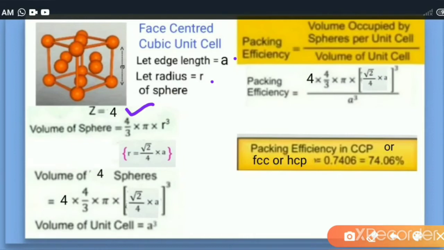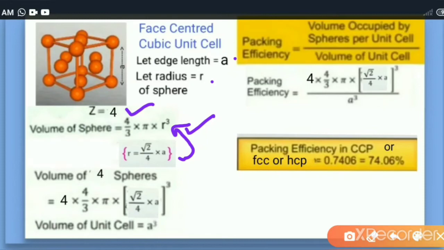The formula for packing efficiency is the same formula which we have discussed in the first two cases. Volume of the sphere is 4 by 3 pi r cube. Here R is equal to root 2 by 4 into A. Now substitute the value of R in this equation.